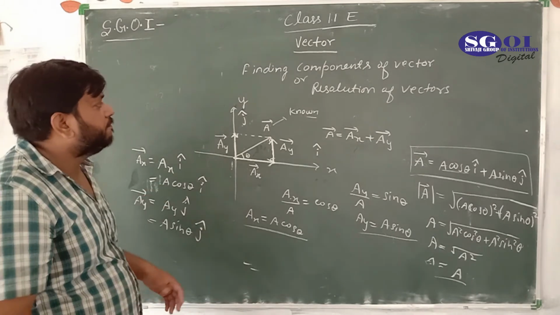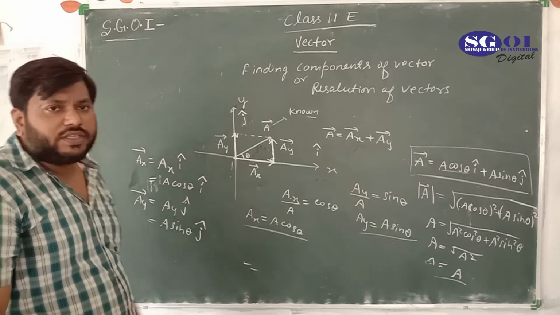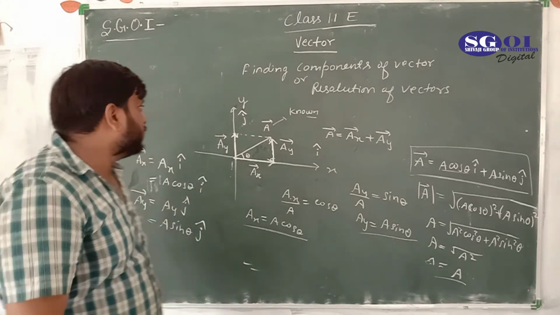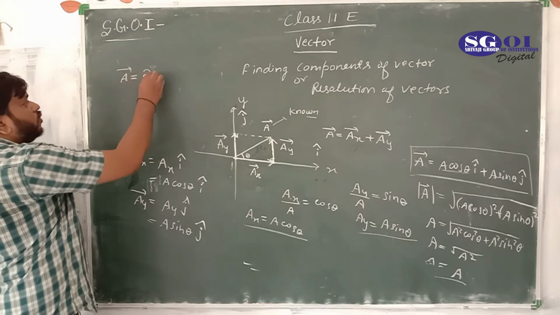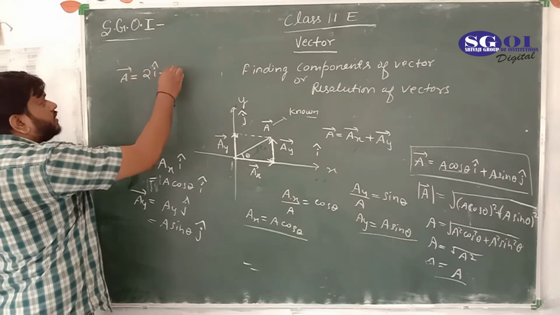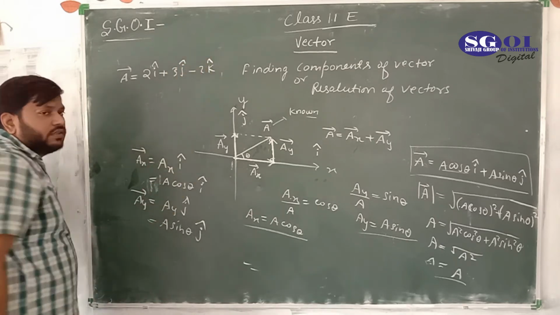You have learned this concept, and we have another way by which we can find the component. Suppose a vector A is written like this: 2i plus 3j minus 2k. This is the vector.